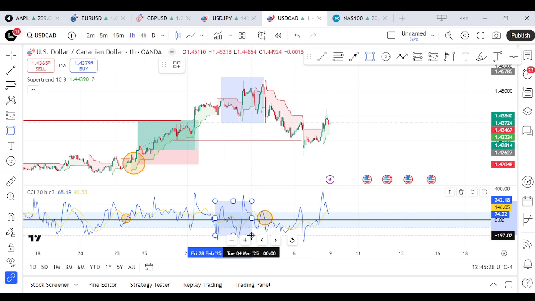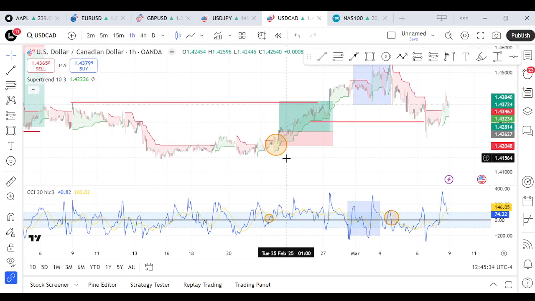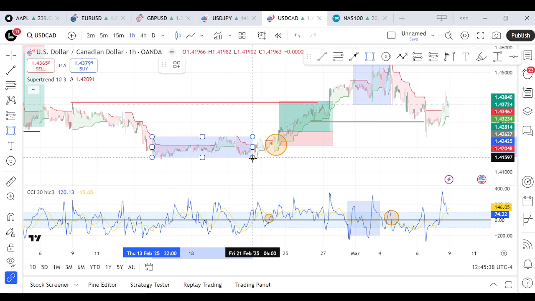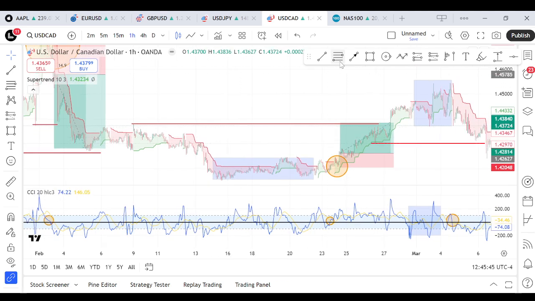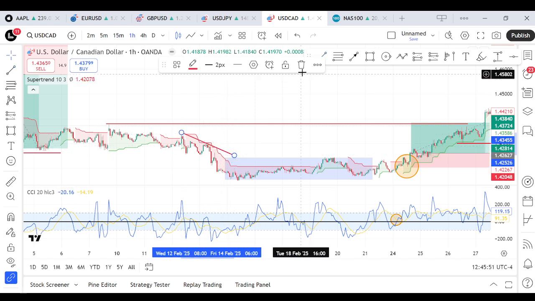Now, this is not a time where you'll be looking to take trades using this strategy because the price is very volatile, and also we can see here where price is giving us this sideways movement. This is not a time to take trades using sideways movements like this. You should wait for a time in the market where it's actually trending, a downtrend or an uptrend.